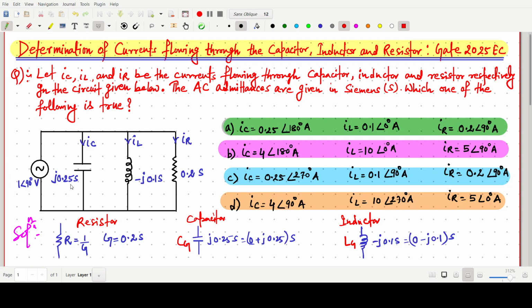This one is our Cg, this one is Lg, and this one is G, or you can write it Rg, anything. I'm just copying this diagram.